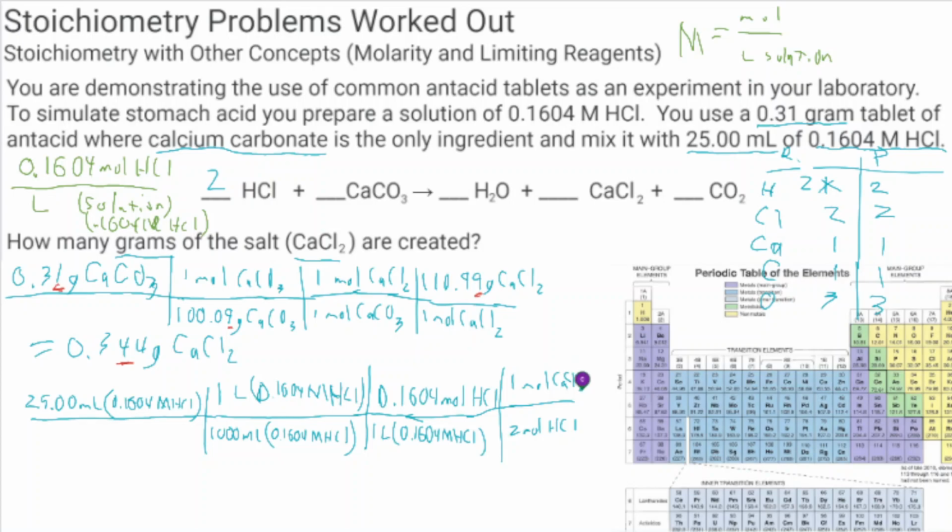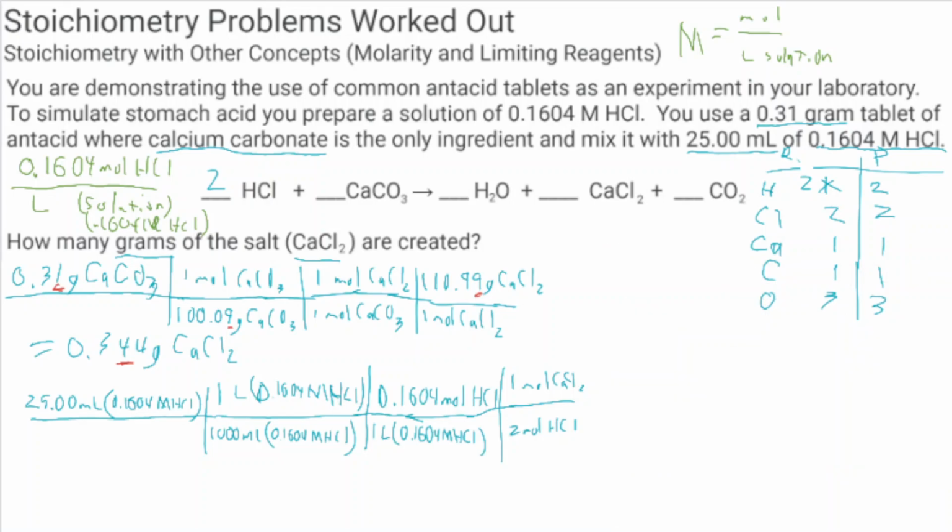And you'll see this is pretty much the exact same that we had earlier. I'm going to get rid of my periodic table so I have a little bit more space. All right, and then for every 1 mole of calcium chloride, we can use the molar mass, which was 110.99 grams of calcium chloride.